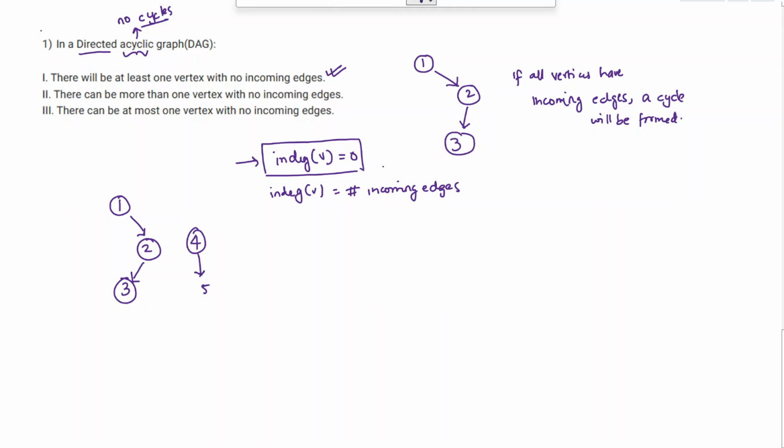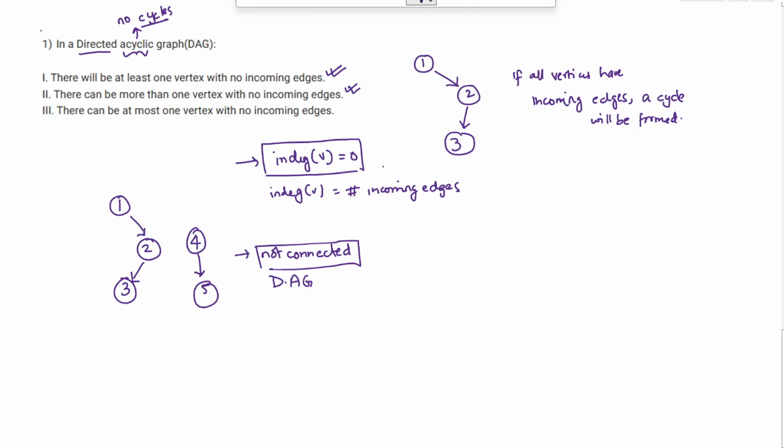This is also possible for a directed acyclic graph, right? So the second one is also true, because this is also a directed acyclic graph, but this is not connected. In this case it is not connected, but still it's a DAG. It's possible.